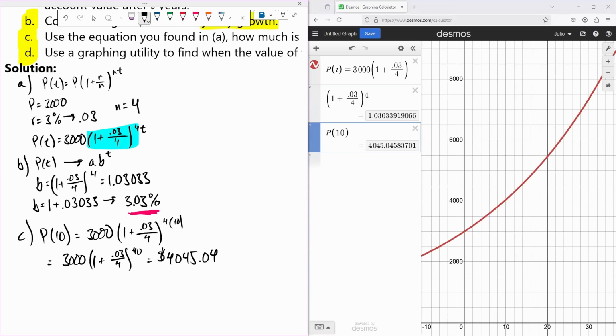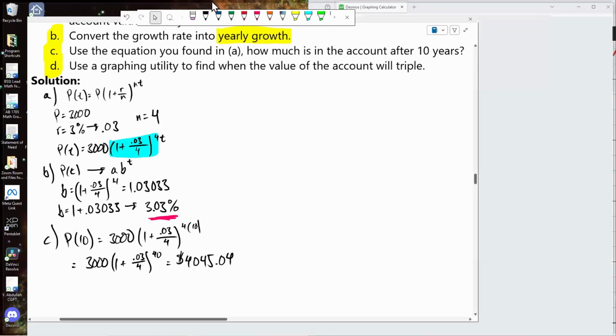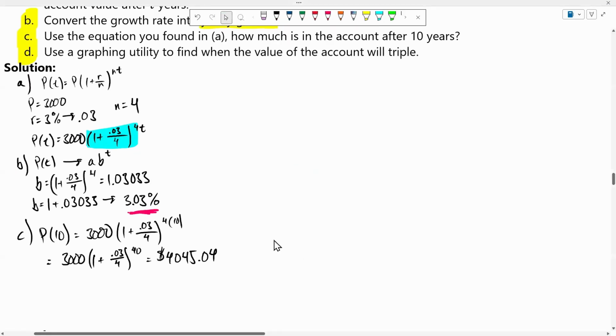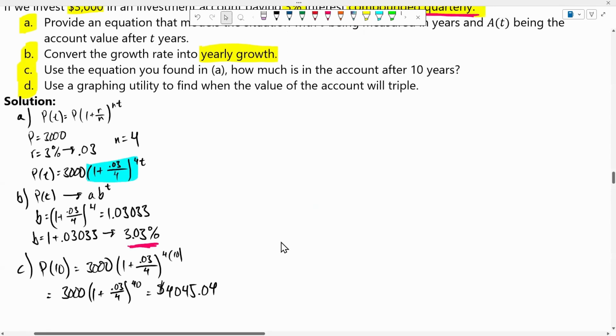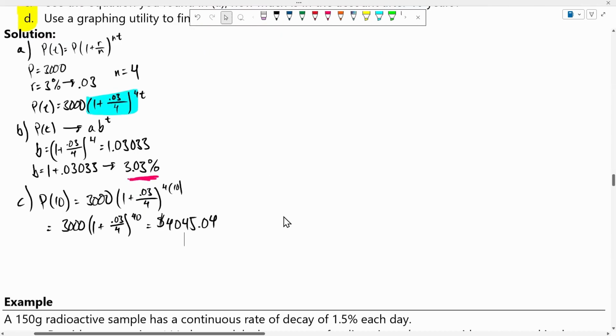Boom. Okay. Question D, the last one for us. Use a graphing utility to find when the value of the account will triple. The initial amount, so I'm going to write this down here, D, right?